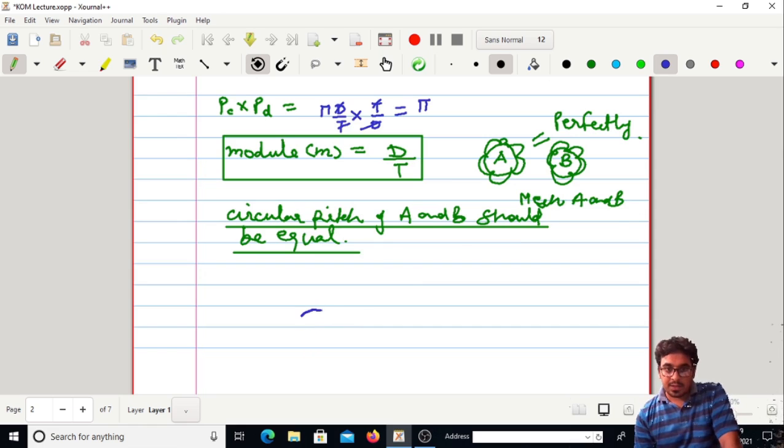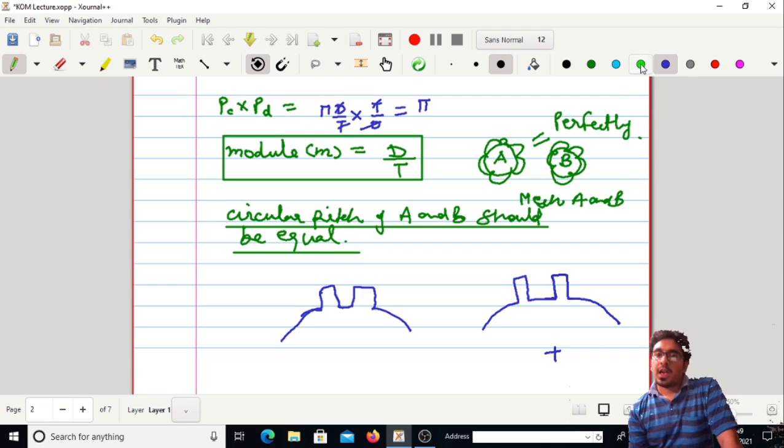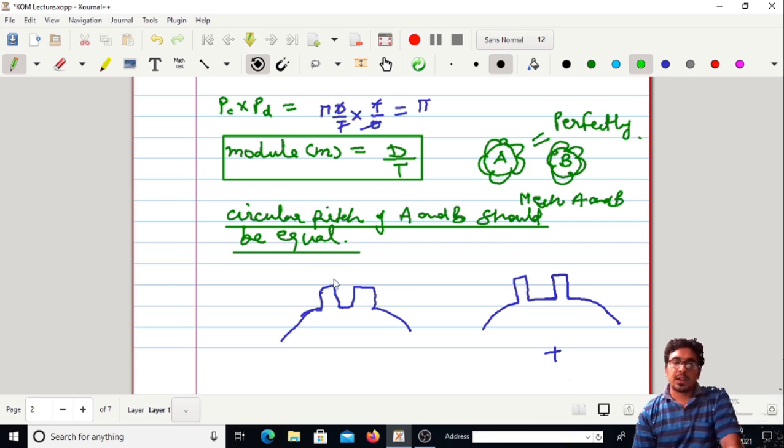For example, this is one teeth profile, this is one gear teeth, and this is for the other case. For example, these are the teeth of a particular gear, and with these gears another gear is going to make a mesh.